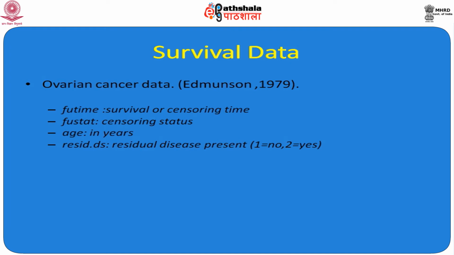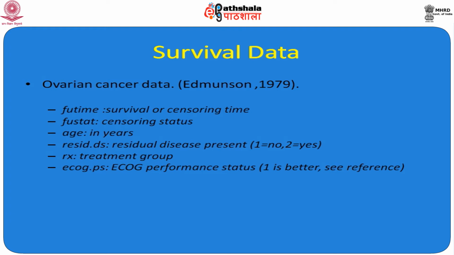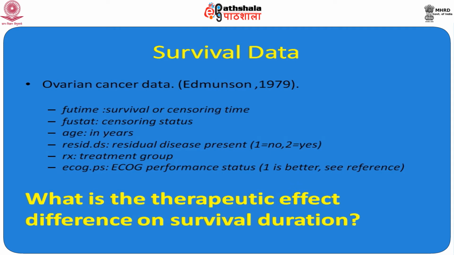Rx gives the treatment groups; two types of treatment are given. Another variable, ECOG.ps, is also considered. ECOG performance status is considered such that 1 is better. You can find references in Google or elsewhere for the literature about ECOG. Our objective is to find the therapeutic treatment difference on survival duration of the patients.